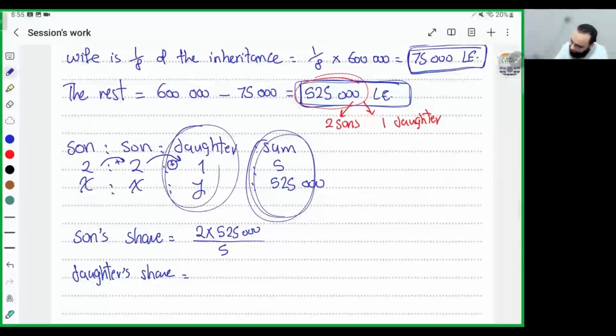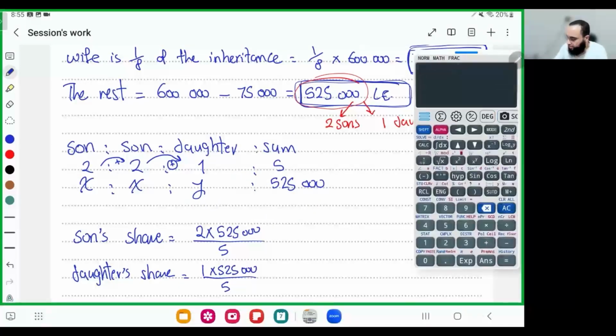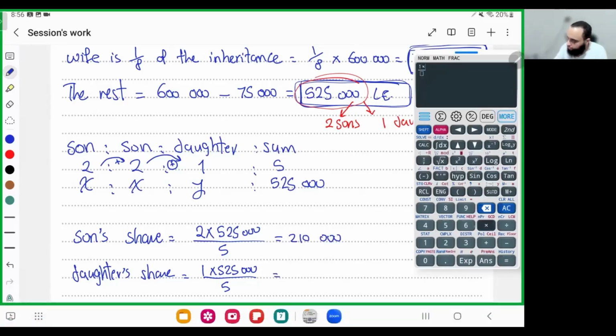So it's what times what? 1 times 525,000 over 5. That's it. Do it with the calculator. Fraction, 2 times 525,000 over 5. It's 210,000. Right now also, it's 1 times 525,000 over 5.